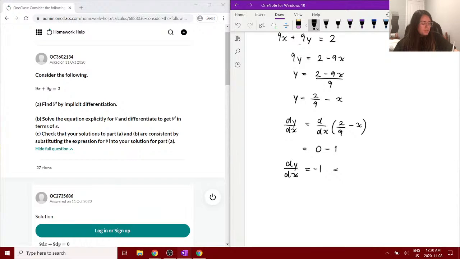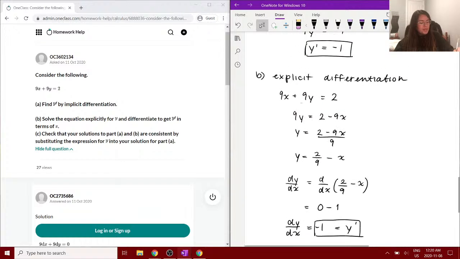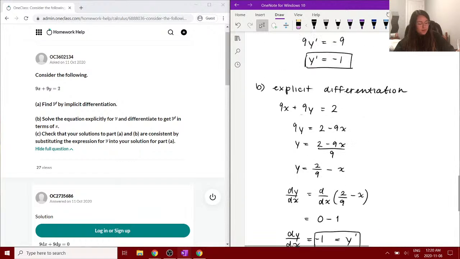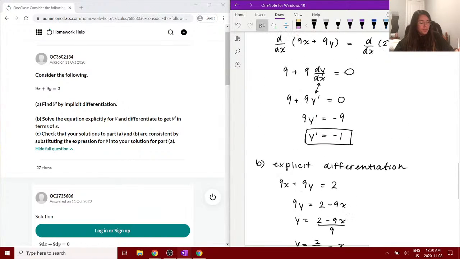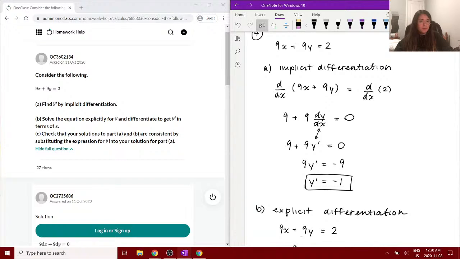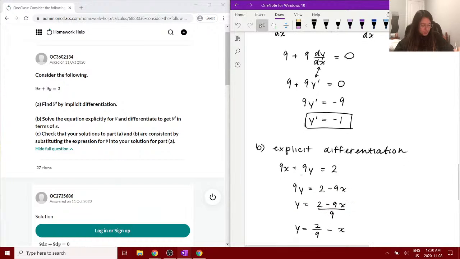And remember, dy by dx is the same thing as saying y prime. So that is our answer. And if we compare, we see that we get the same thing by doing both methods, solving it both implicitly and explicitly.